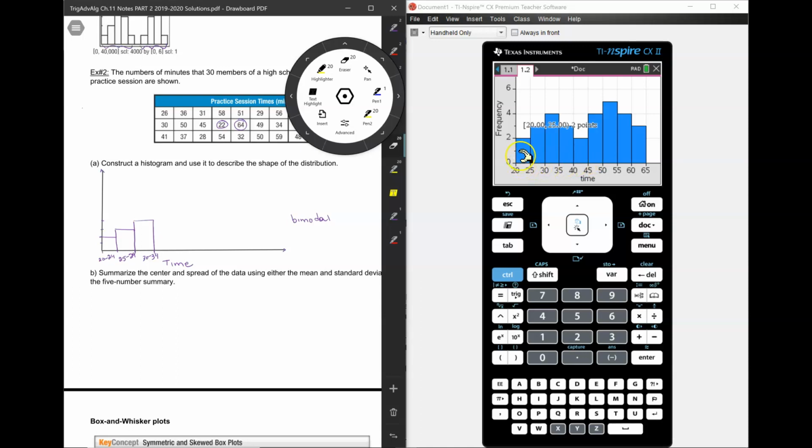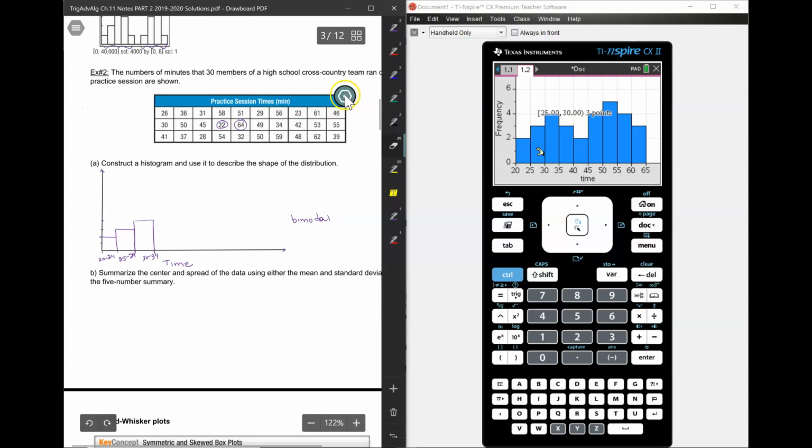To the left, you have a symmetrical distribution. To the right, you have another symmetrical distribution. So basically, you're going to re-enter this data, but in 2 halves, right? You're going to enter the first half and then the second half.